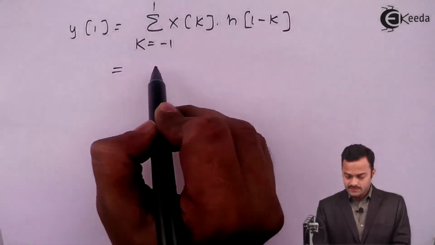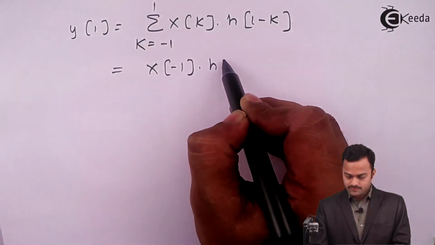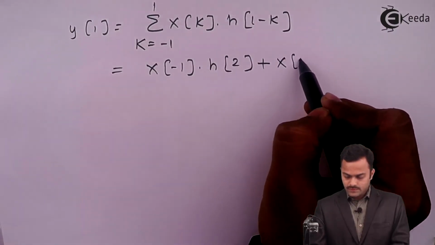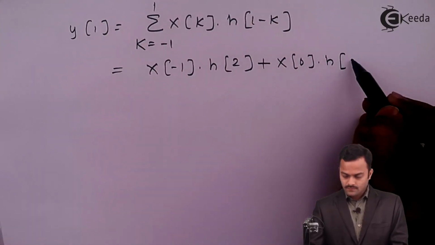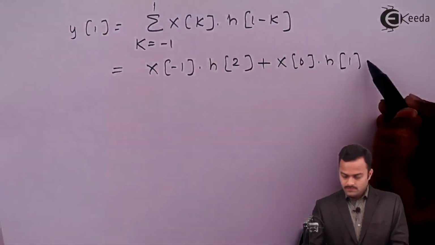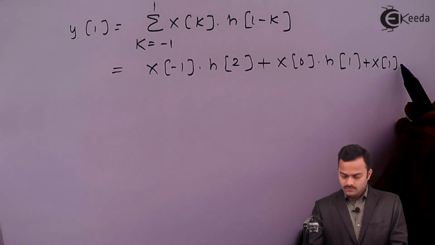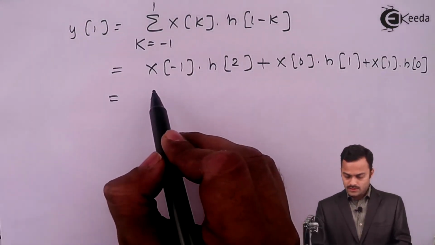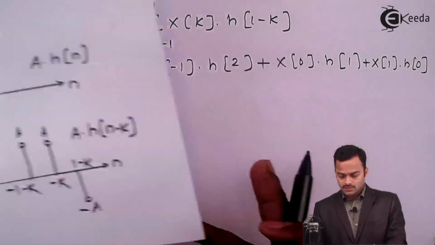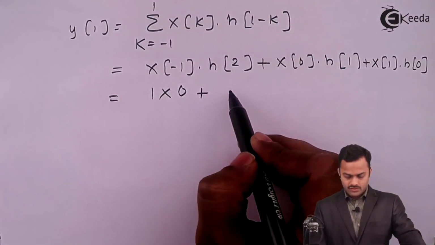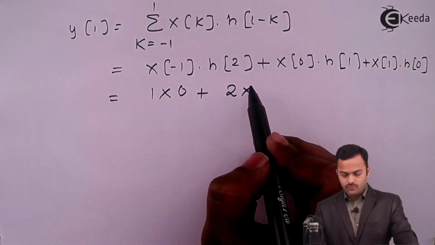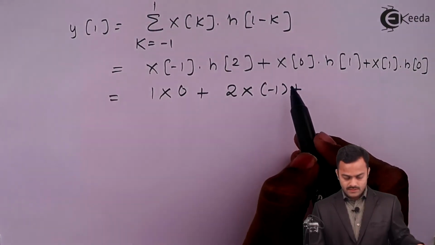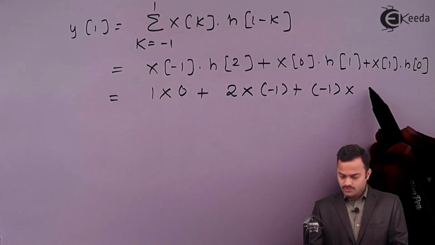If I expand, I will get x of minus 1 multiplied by h of 2, plus x of 0 multiplied by h of 1, plus x of 1 multiplied by h of 0. x of minus 1 is 1, h of 2 is not present, x of 0 is 2 given, and h of 1 is minus 1. x of 1 is minus 1 and h of 0 is 1.